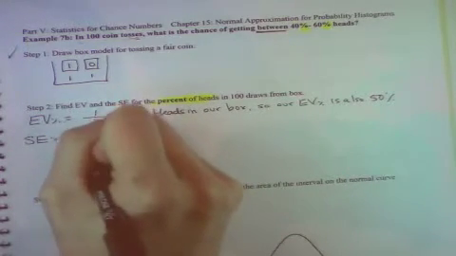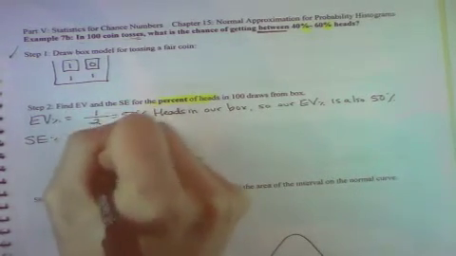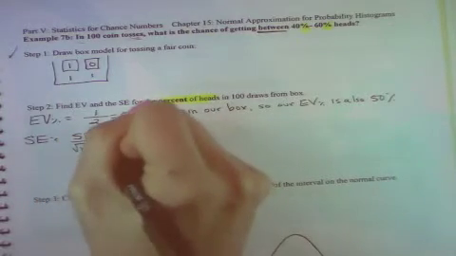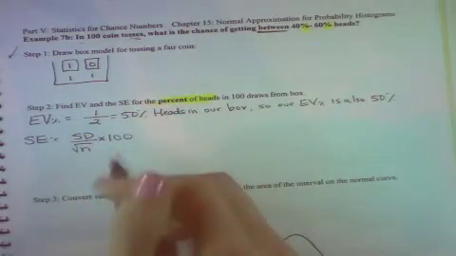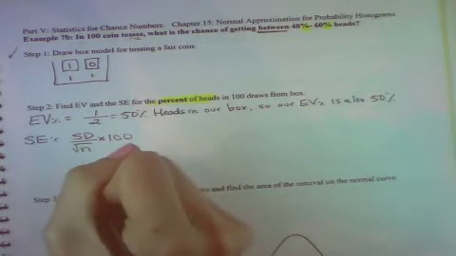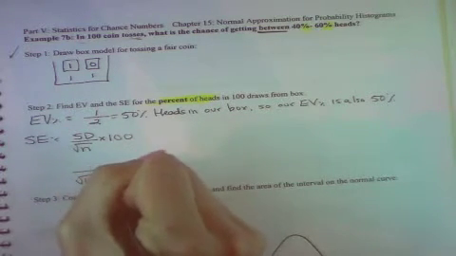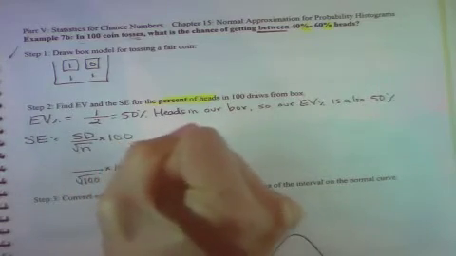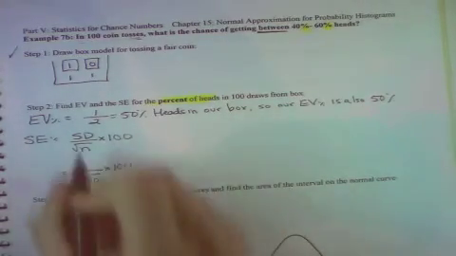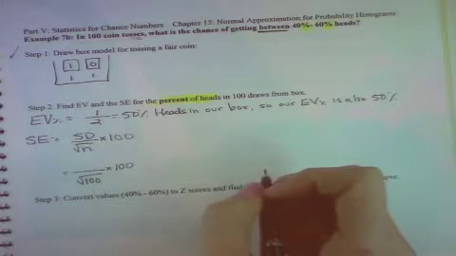Standard error for the percent is going to be the standard deviation divided by the square root of n times 100. Okay, so let's see. We need to find our SD, but we know the square root of n is the square root of 100 times 100, so there's just kind of the bare bones. So let's go over here and figure out the standard deviation.